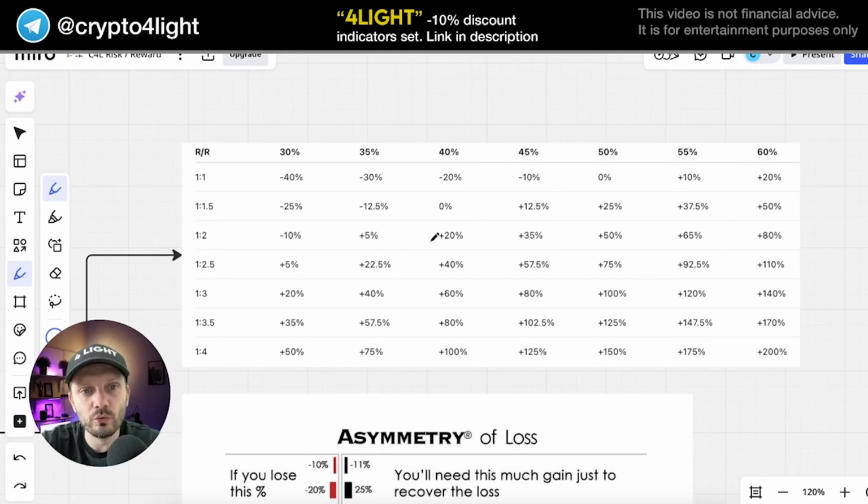But for example, if your win rate is only 30% and you trade a 1-to-2 ratio, you will be in losses 10%. If your strategy wins 50% of the time, a balance, 50% profitable, and you trade a 1-to-3 ratio, so you open 5 trades that close in profit at 1-to-3, and 5 you get a liquidation or the stop loss, you will be 100% in profit over the distance.